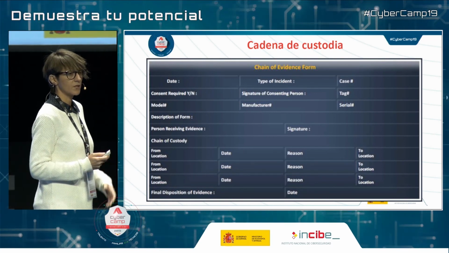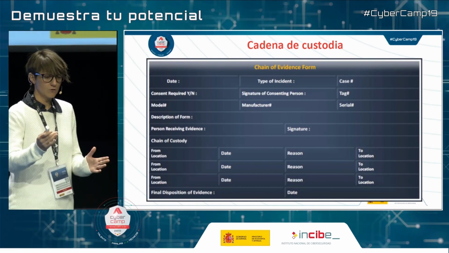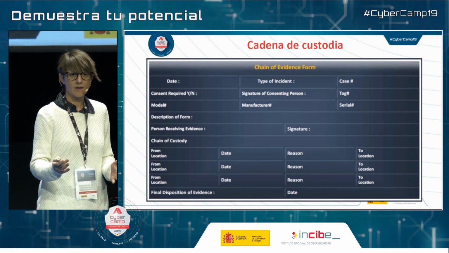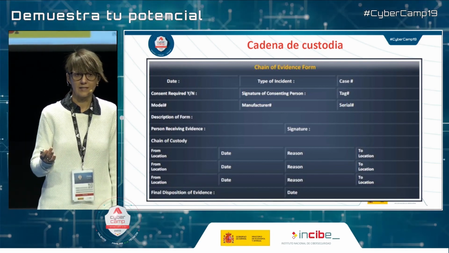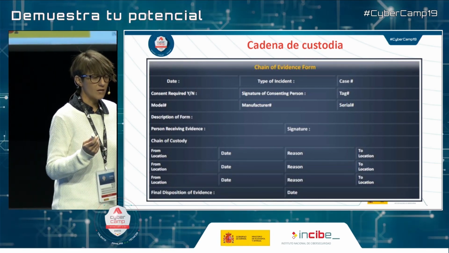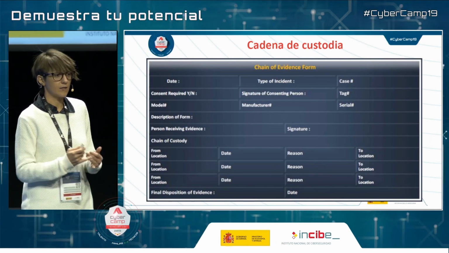So we also have the custody chain, or the chain of evidence in this field. It's a piece of paper that is filled in during the acquisition phase, and this contains all the information about the evidence.